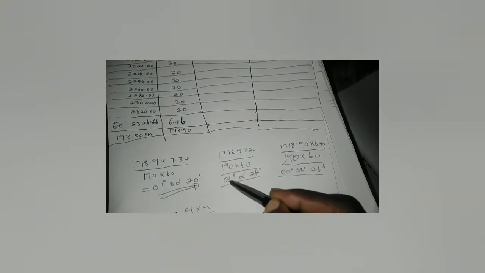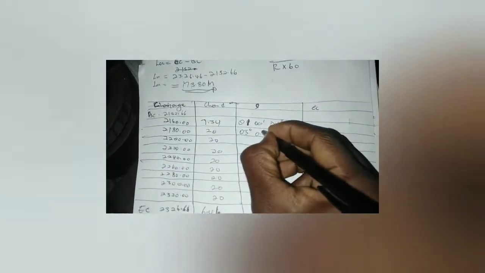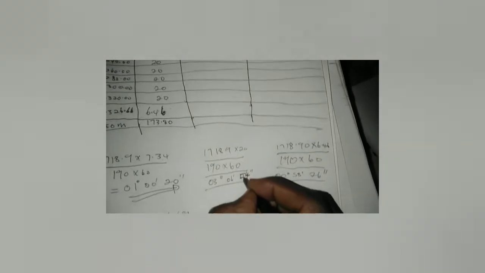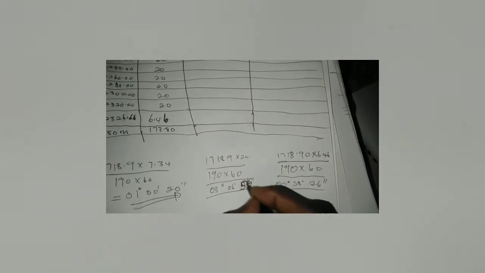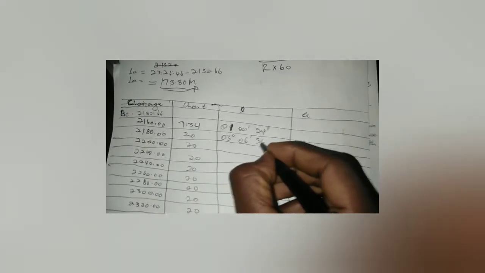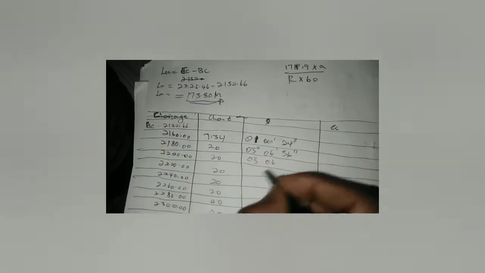The answer here is 3 degrees 56 minutes 56 seconds, and then you write it again, 3 degrees 56 minutes 56 seconds, because the answer will be the same here.